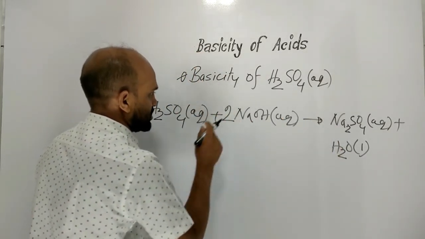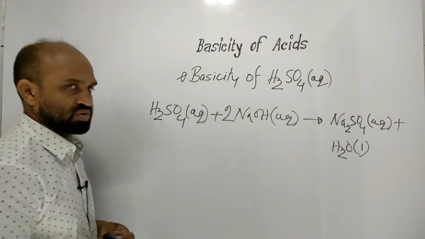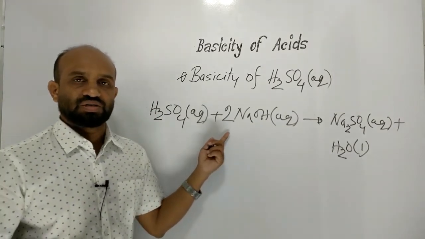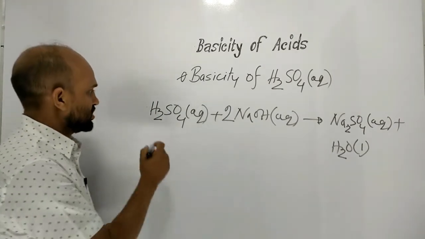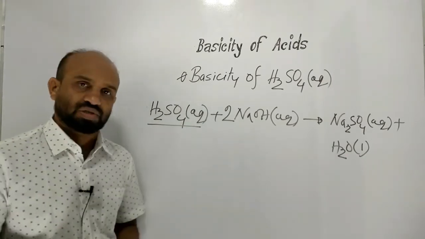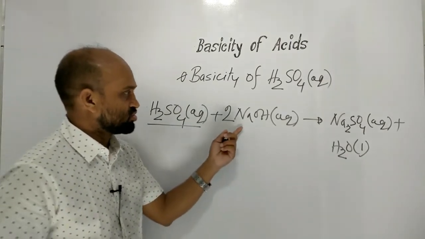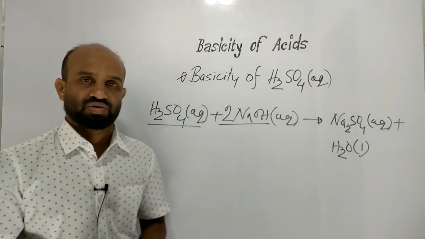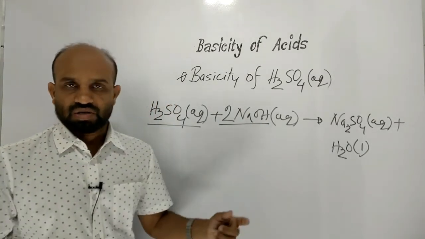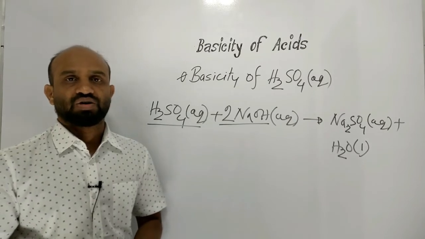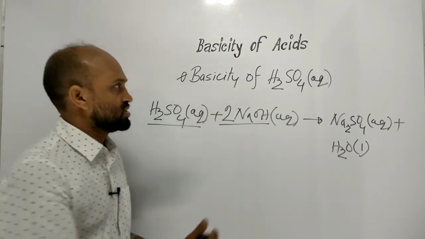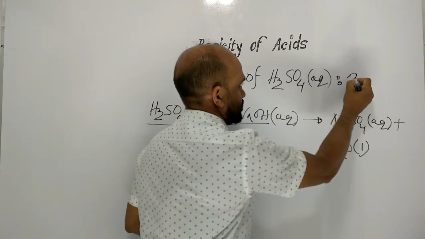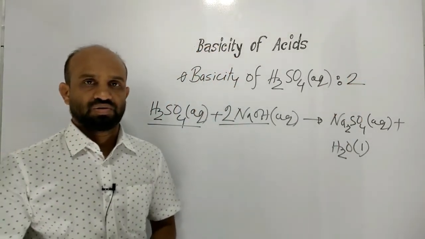So here 2 is put. Now in this reaction we see that 1 mole of sulfuric acid neutralizes 2 moles of sodium hydroxide base. That is why basicity of sulfuric acid is 2.